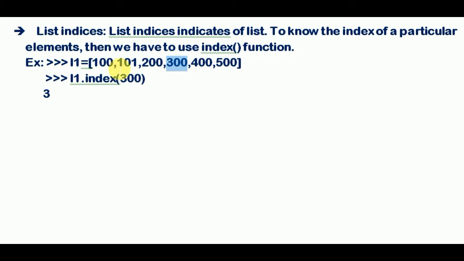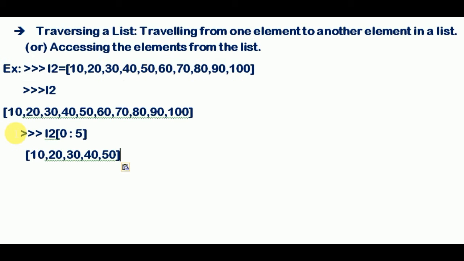So here we have 0, 1, 2, 3. So at the third position 300 exists, or the index value is 3. So we can find any number's index value using the index function.